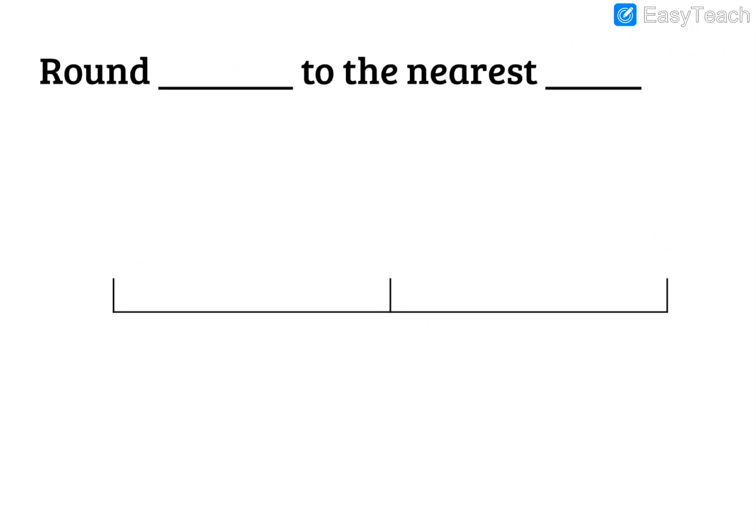Say I was to round to the nearest 100, and the number I'm going to round is 318. Now we need to think again, which hundreds this time is 318 in between? Well, it's between 300 and 400. So we have to make the choice, which one of those is it closest to? What would be in the middle?